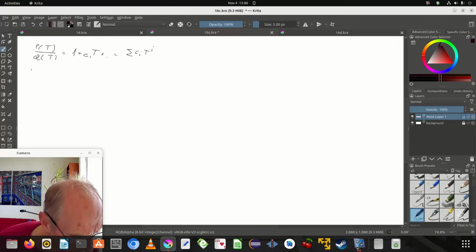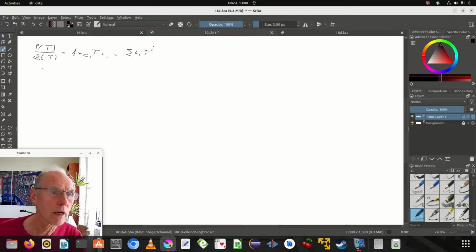And the Q, well, let's do both. P equals, and Q with coefficients Bi.